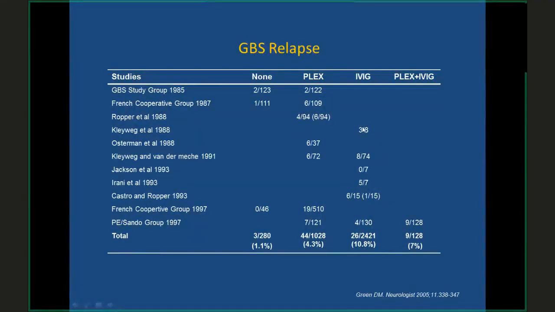If you get rid of these two small groups, the relapse is still about 5% or 6%. Another group from the clinical trial shows plasma exchange plus IVIG is about 7%. So overall, the relapse is probably 1 to 5 or 6%, and GBS is still mostly monophasic.